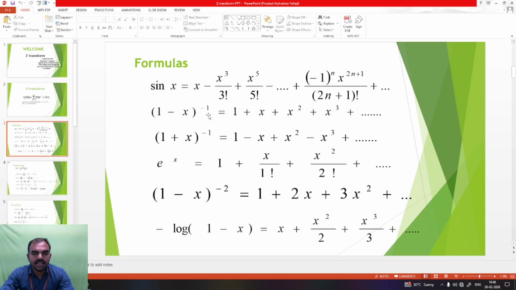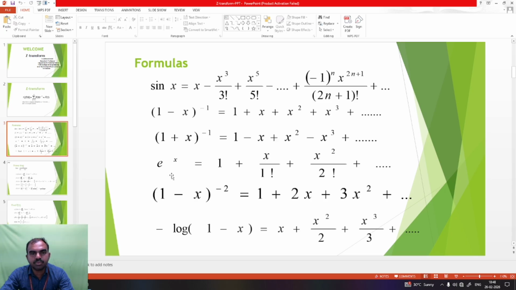Here the formula is 1 plus x plus x square plus x cube, and so on. And another formula, 1 plus x whole power minus 1, is 1 minus x plus x square minus x cube, and so on. If both the signs are minus, then all the terms are positive. If it is 1 plus, then the sign changes, plus and minus alternating.